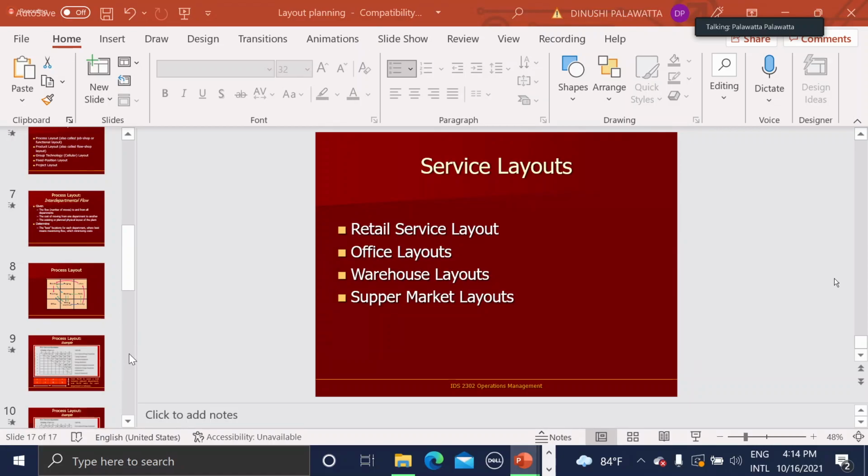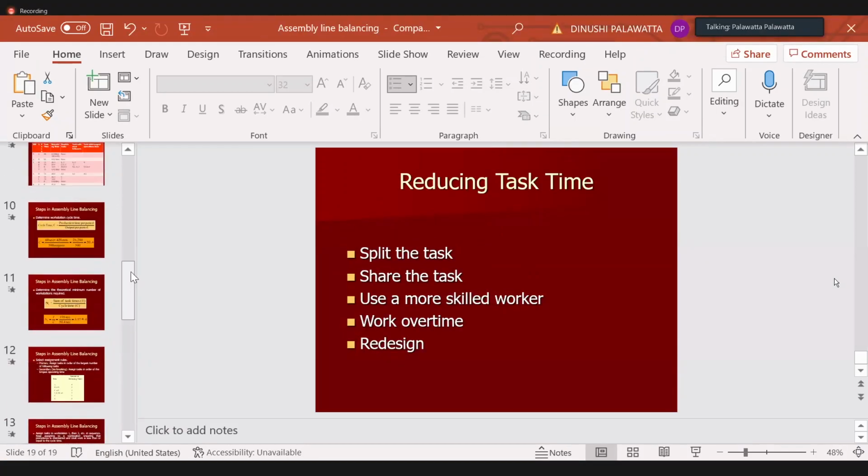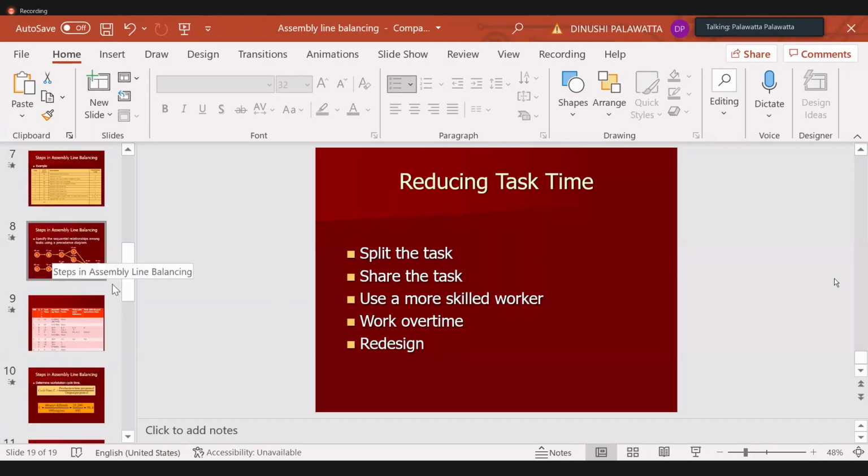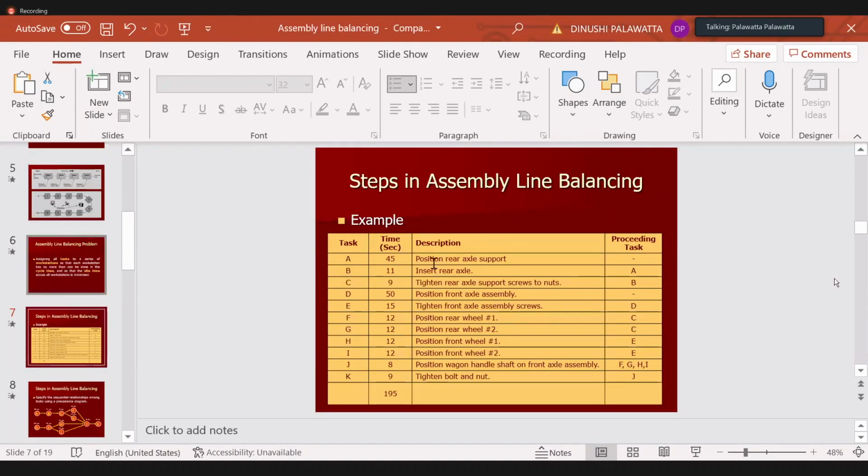If we have the same question, you have been given this data.